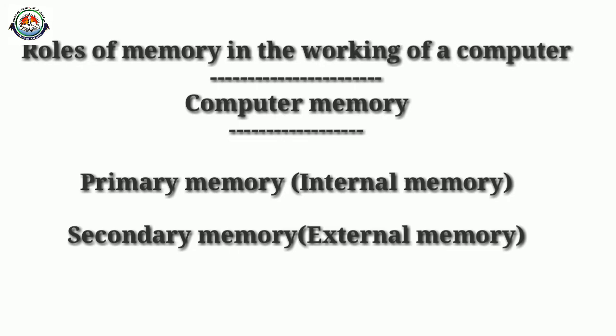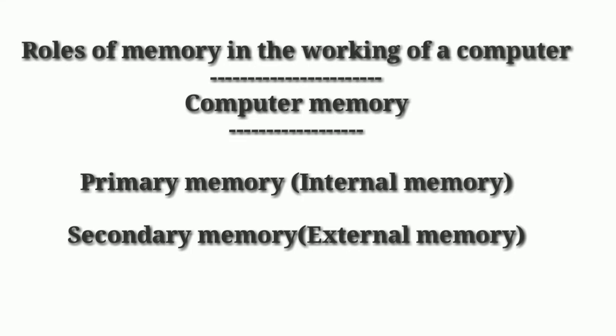Computer memory is mainly divided into two types: primary memory or internal memory, and secondary memory or external memory.